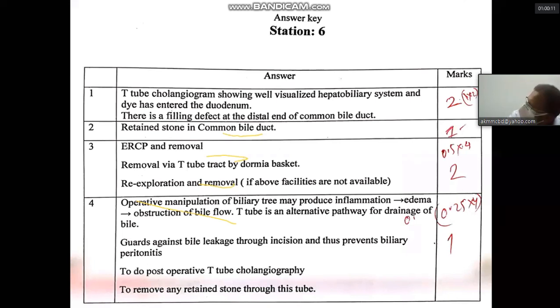And we can do post-operative T-tube cholangiography. That will help show if there is a retained stone or not. And if there is any retained stone, we can remove it through this tube. Okay?